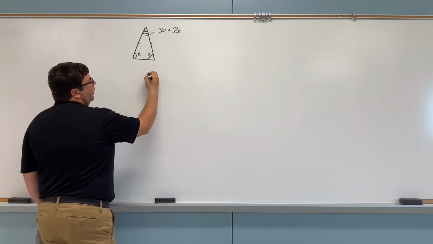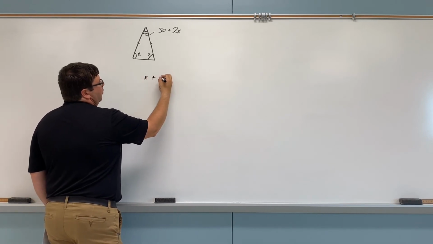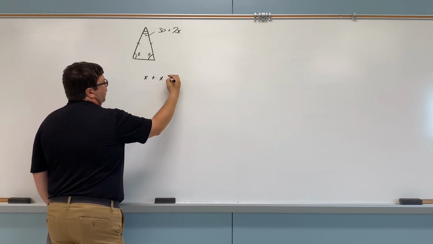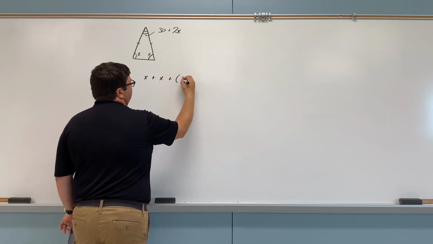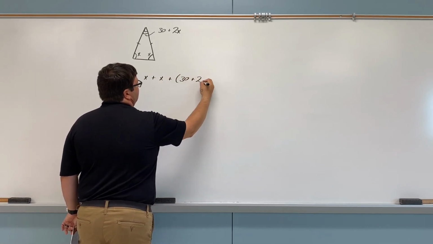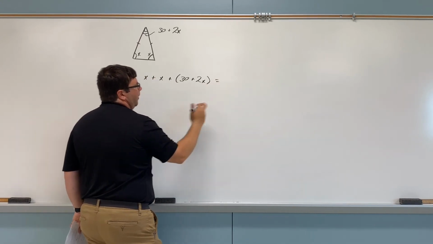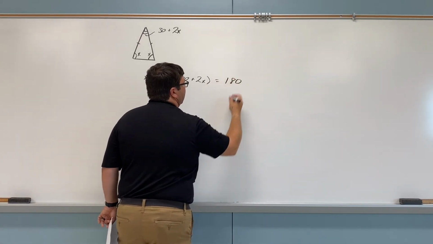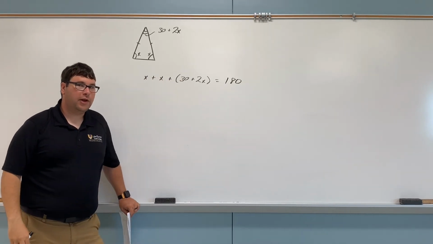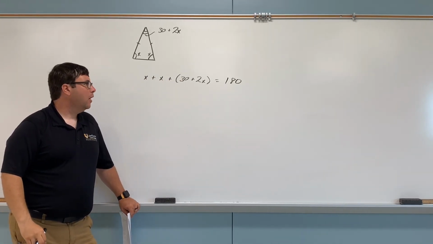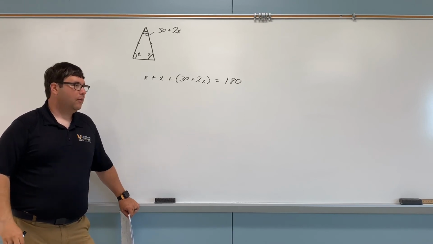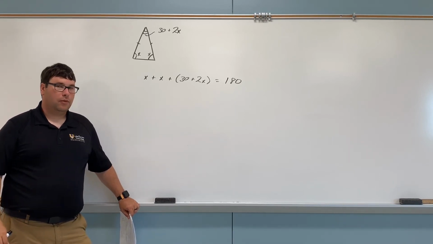So if I were to add up my 2 angles here and my third angle, they should sum to 180 degrees. With that information in mind, with our equation built, we can solve.